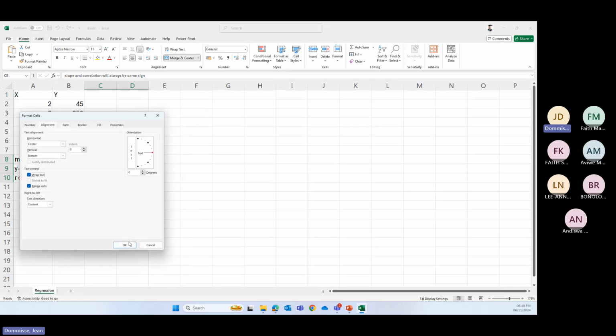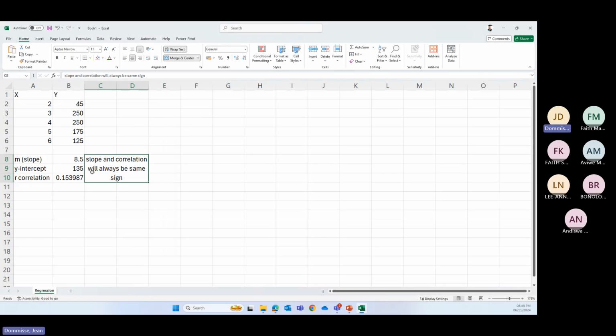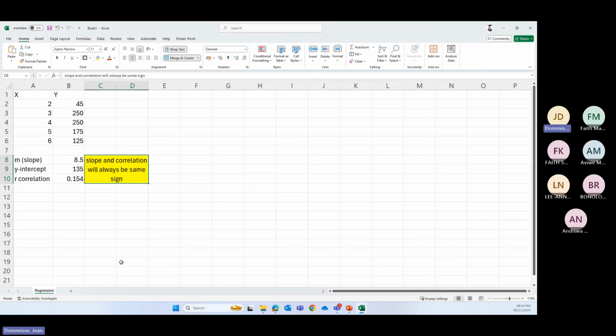So if we needed to work out the correlation in, say, a second question, and suddenly you have negative correlations, you can nearly eliminate that because we know the slope is positive. If the slope is positive, your correlation also needs to be positive. I don't think that is something we have covered before, so I just wanted to show you guys that as well.